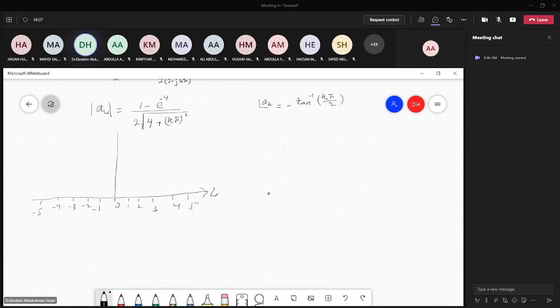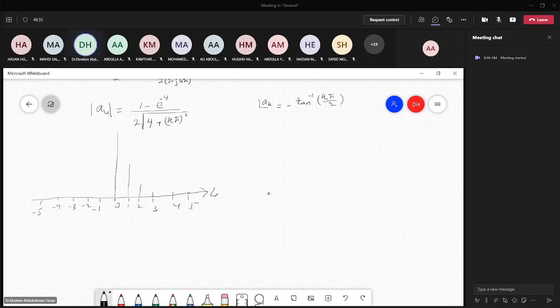At 1, substitute 1; it is clear that the denominator becomes bigger, so the magnitude will be smaller. And when you increase to 2, for sure this becomes smaller, smaller, smaller, and so on.